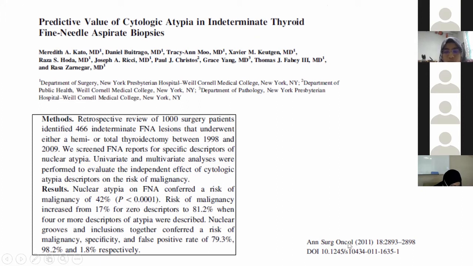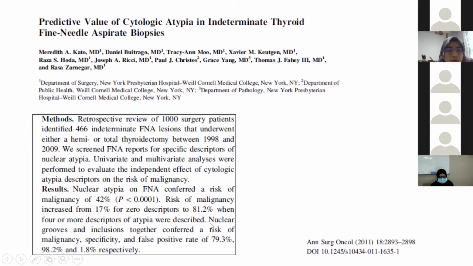They reviewed 1,000 surgical patients, and they identified about 466 cases that were indeterminate on FNAC. They found that the nuclear atypia mentioned on FNAC conferred a risk of malignancy of about 42%. So what are the descriptors that they identified?